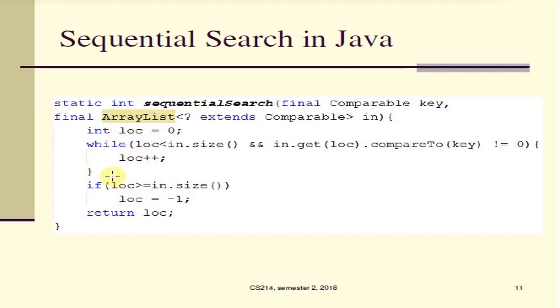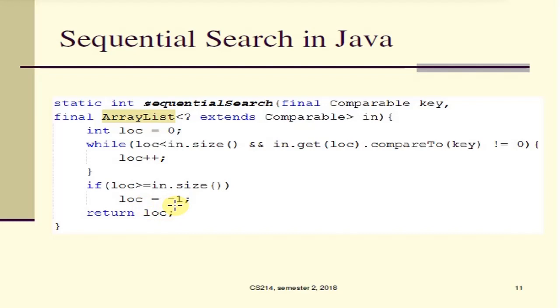Or, when you run out of the indices, when you have reached the end of the array list, you would exit the while loop and reach this part, which is checking if the lock is greater than or equal to the size of the array. Then you have reached the end of it, and you just return -1.